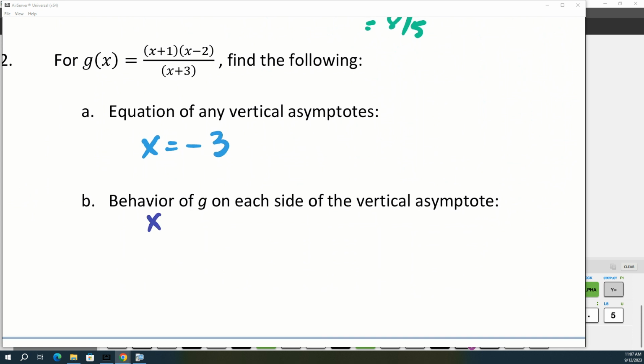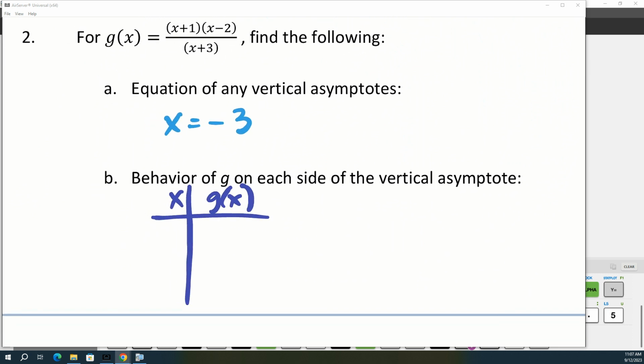Okay, so let's do our table so we can figure out the behavior on each side of the asymptote. We want the left side of -3 and the right side of -3. This is a little tricky.